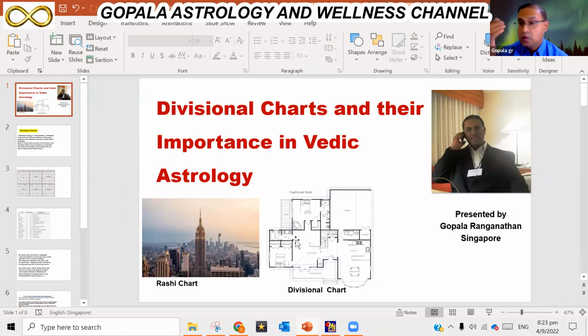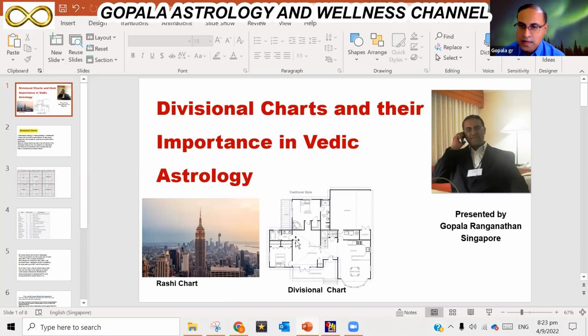For example, the fourth house talks about many aspects. It talks about mother, your basic degree qualification, your vehicles, your immovable properties and assets, and it is called Sukhasthanam, right? So many things are attributed to the fourth house.